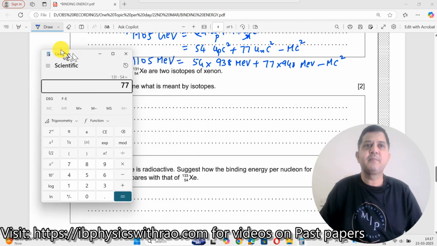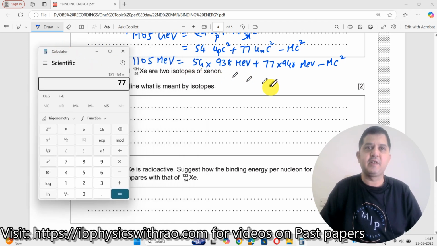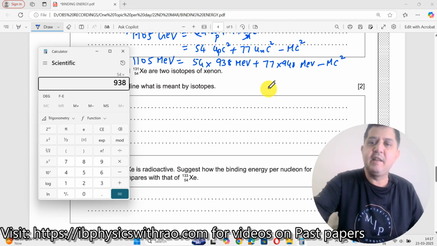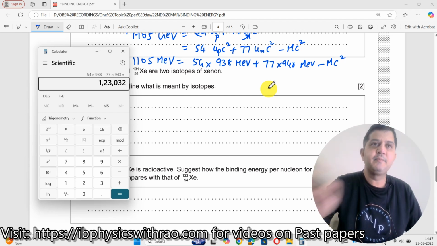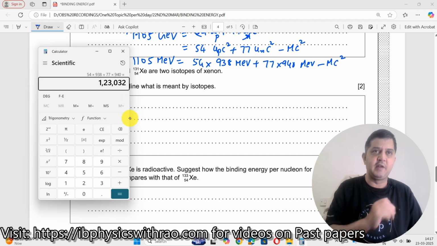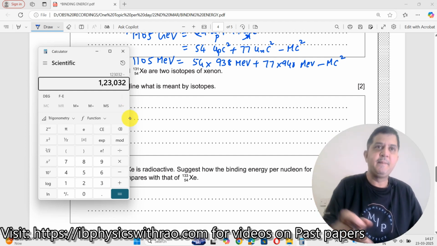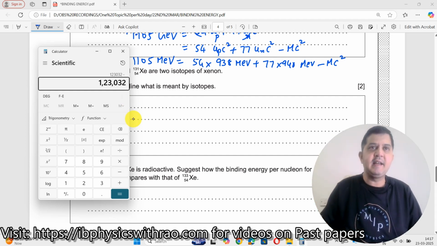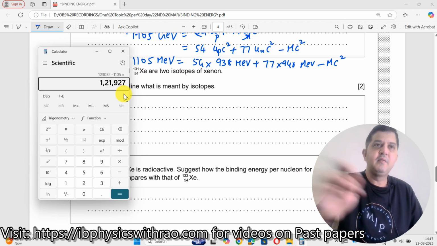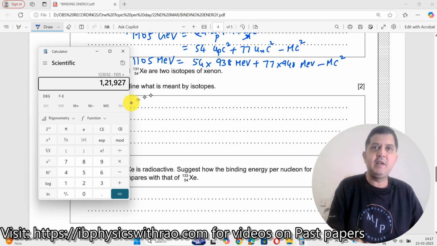I'll first take the sum of these products: 54 multiplied by 938 plus 77 multiplied by 940. How much is that going to be? 123,002. Minus 1105 on the other side, and when I do this, I get 121927.